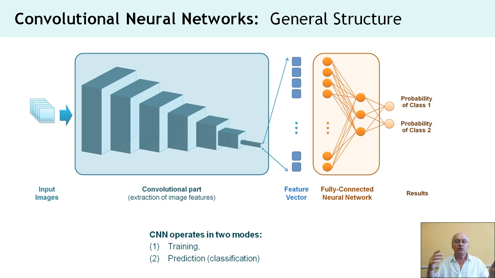So that's the result. On the output we have probabilities of belonging to a certain class. And the training of a convolutional neural network is essentially the process of solving a global optimization task, where as a result we have weights for every filter.